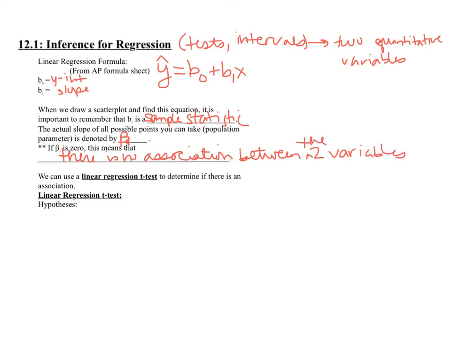What we're going to be doing is performing a linear regression t-test, and that's going to tell us if there's an association. So we are going to have two hypotheses. The first hypothesis is that there is no association, beta sub 1 equals 0.